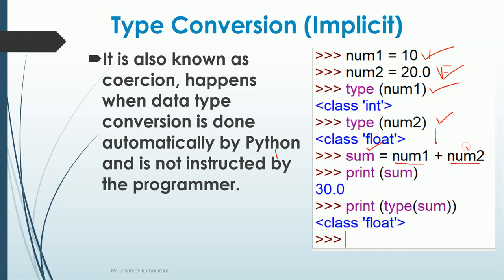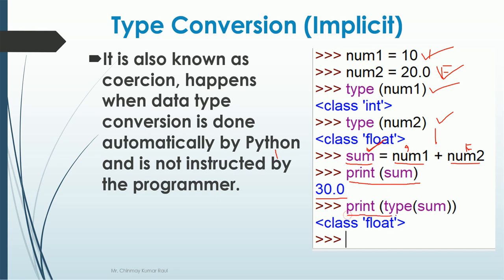Integer plus float, definitely the answer will be float. So I print sum. The sum will be 10 plus 20.0 equal to 30.0. Automatically the sum is float data type.